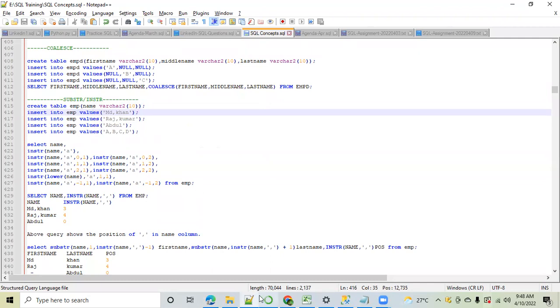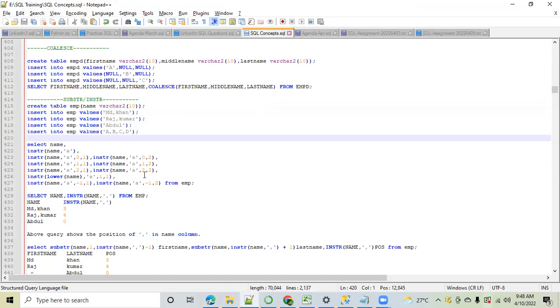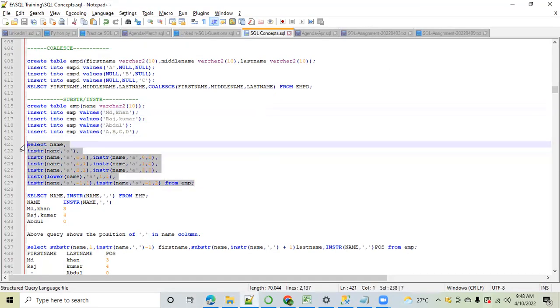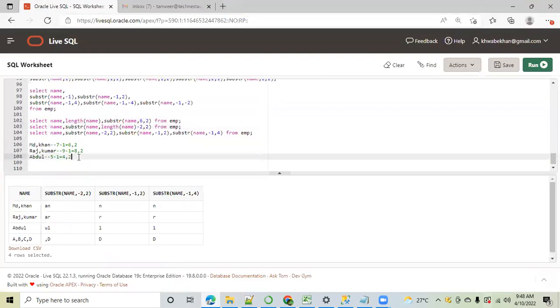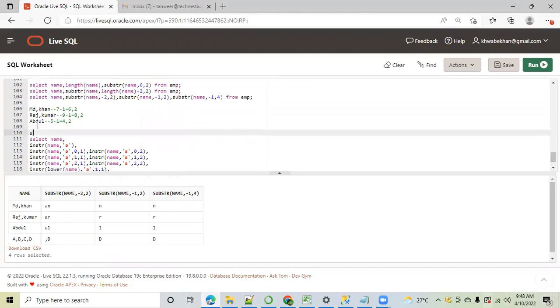Yeah, I have an example for this. This is a good thing, this will be required. You'll see a few of my posts are related to substring and INSTR function. So now what is the use of INSTR?